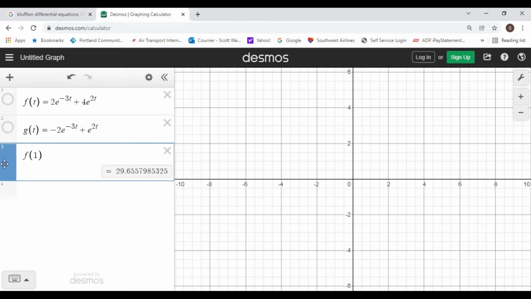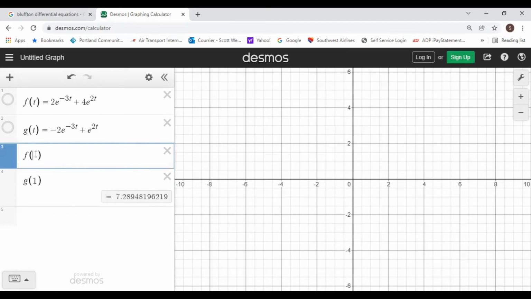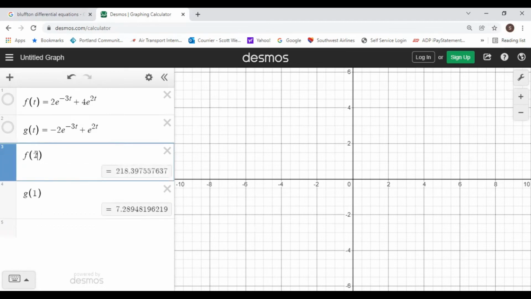And for the y, we get 7.29. And now I'll plug in the 2, and you can do this in a more compact, efficient way if you want. It's just a way that works.